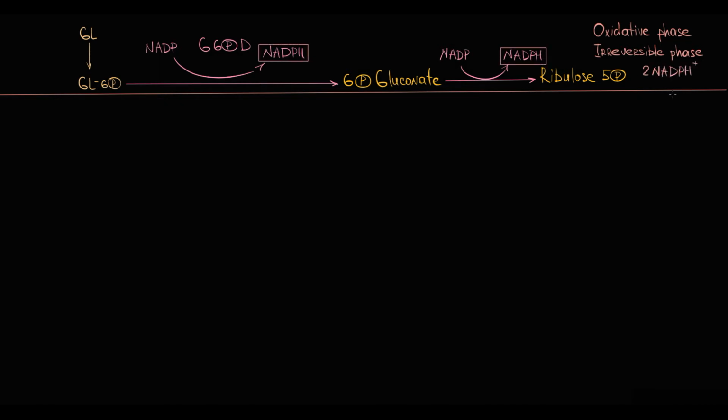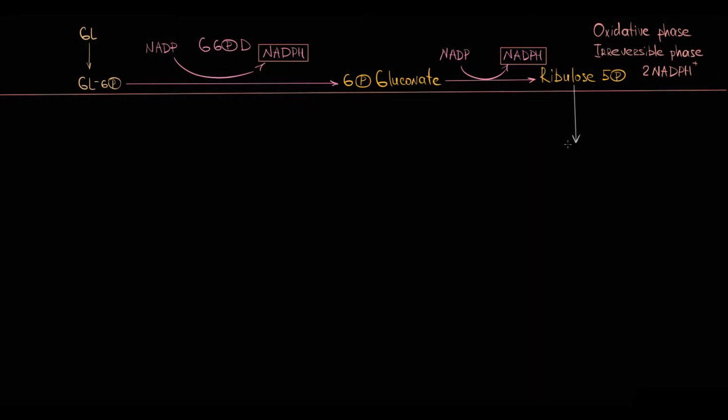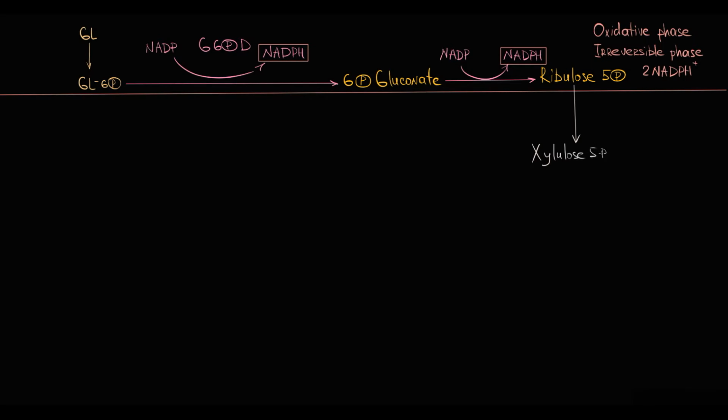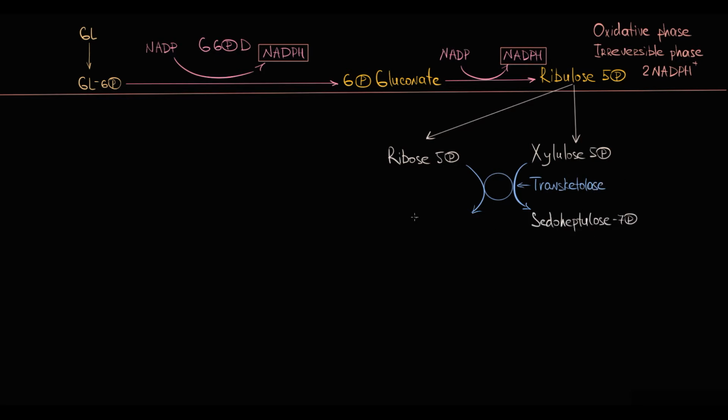The non-oxidative phase begins with conversion of ribulose 5-phosphate. Half of ribulose 5-phosphate molecules are converted to xylulose 5-phosphate and another part into ribose 5-phosphate. Then both these metabolites react with each other in reaction that is catalyzed by Transketolase enzyme with formation of heptulose 7-phosphate and glyceraldehyde 3-phosphate.